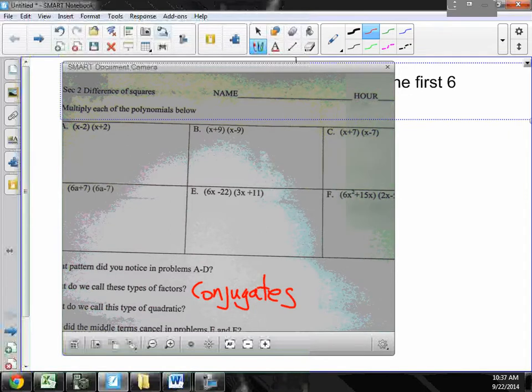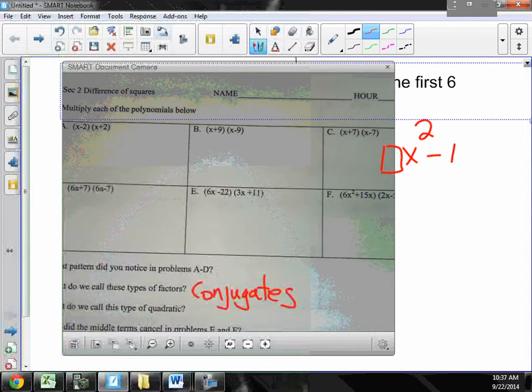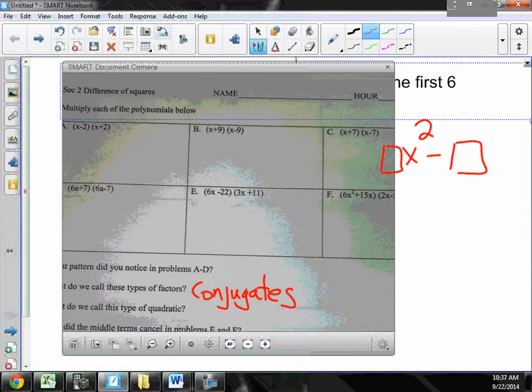Okay? Now, when you multiply conjugates, you get a special type of quadratic. What did you notice about all the quadratics A through D? They all had another similarity. Right, it was all x or something x squared minus some number, right? What did you notice about the numbers that actually went in there?